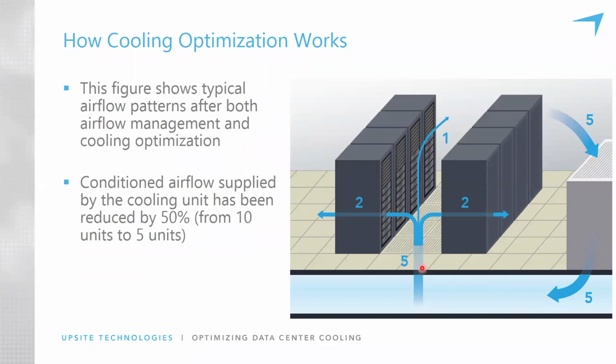We'll turn it down not all the way to 4, but to deliver 5, to have a little extra conditioned air, a little buffer for variations in IT demand and slight positive pressure in the aisle. But now from an airflow volumetric flow rate perspective, the cooling has been optimized.